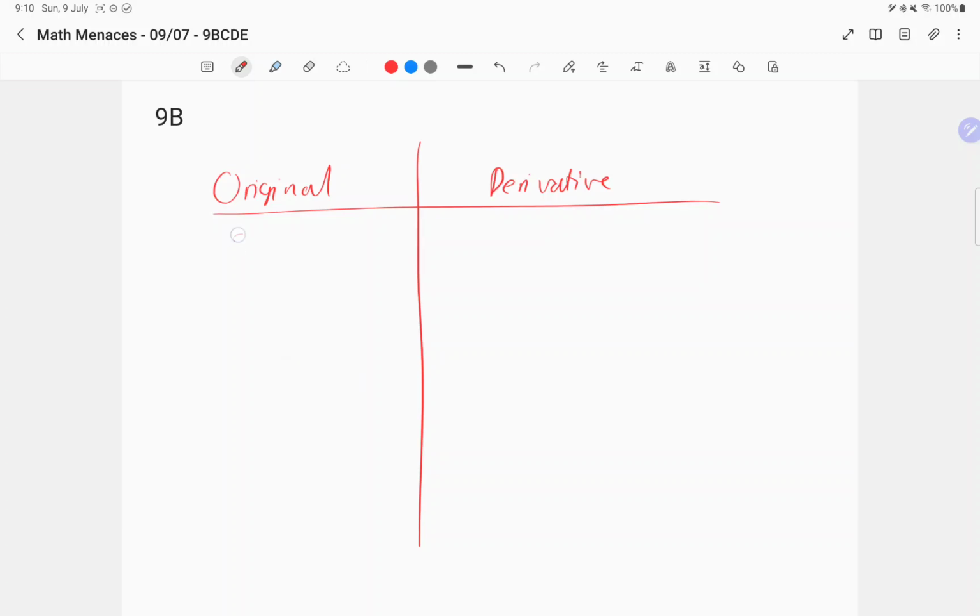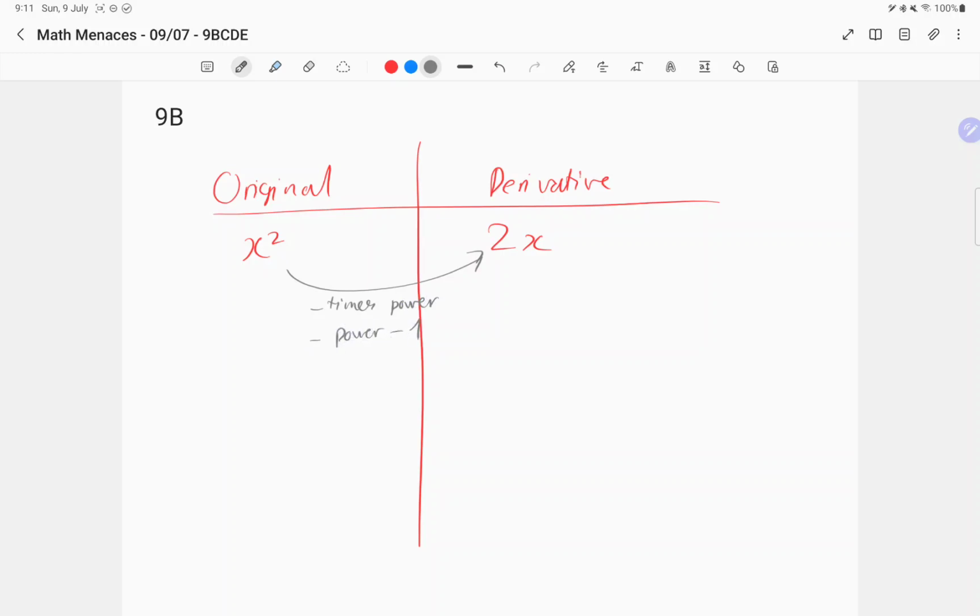Let's say the original is x squared, then the derivative would be 2x, right? Easy enough. The pattern is you times the power down, and you drop the power by 1. If I write the pattern from left to right, it is times power, and then power minus 1.